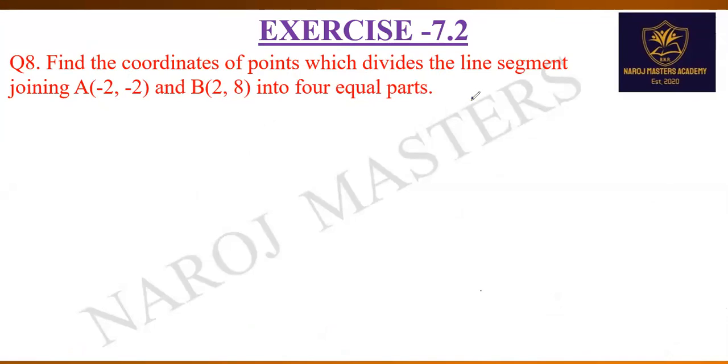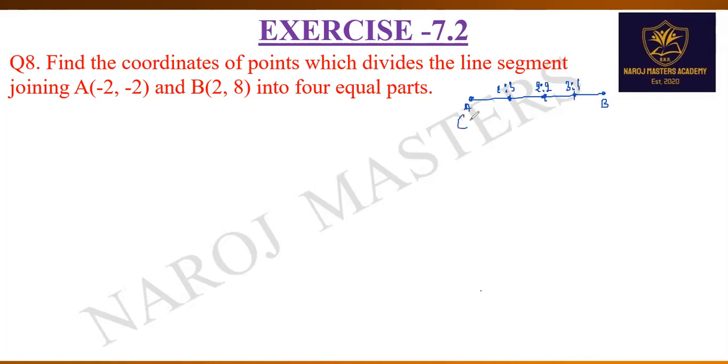Line segment AB, this is A and this is B, divided into 4 equal parts: 1, 2, 3, 4. Again, find the coordinate points, this point and this point. Same procedure as the previous one. Here the ratio is 1 is to 3, here the ratio is 2 is to 2, and here the ratio is 3 is to 1.